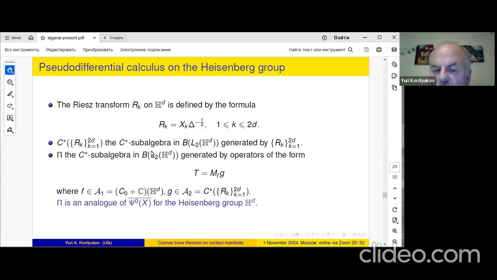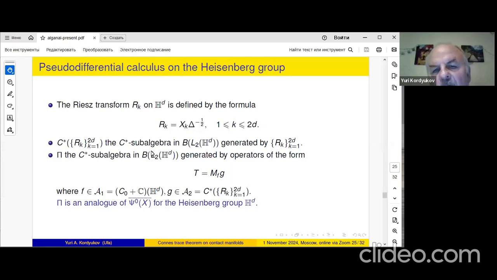So we know that the usual definition of pseudodifferential operators is based on the Fourier transform very much.